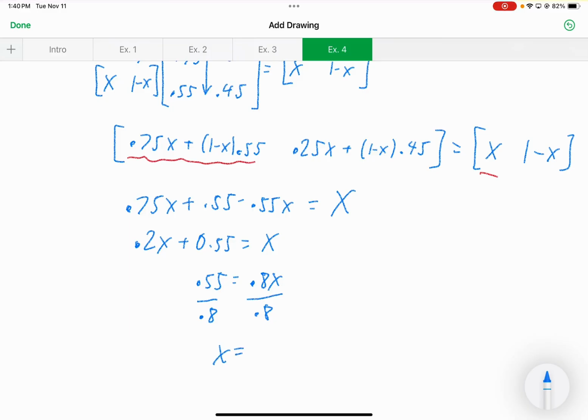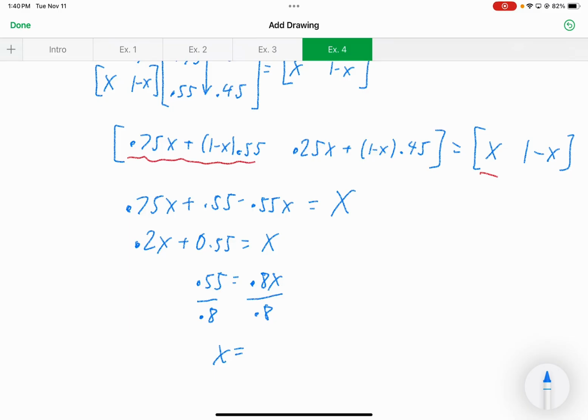I don't know. 0.55 divided by 0.8. You said what? No, I'm not even going to do that. It's probably not that far. It's 5/8, so it's like 0.675. Is it actually?